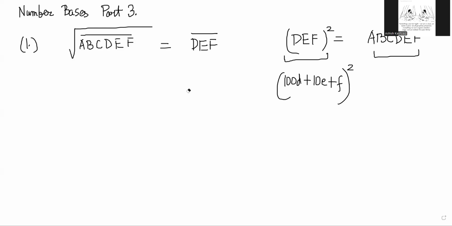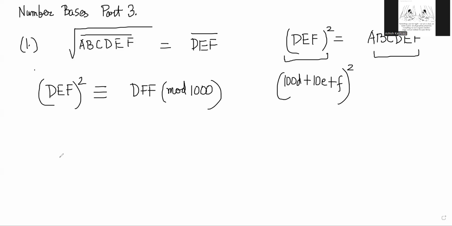Okay, so basically what we have is DEF squared is congruent to DEF mod 1000, correct? So that means DEF squared minus DEF is congruent to 0 mod 1000.